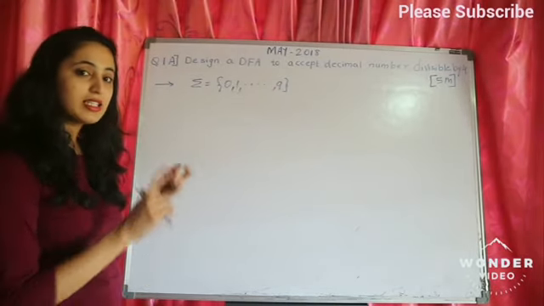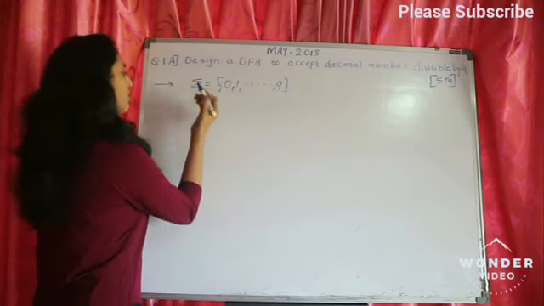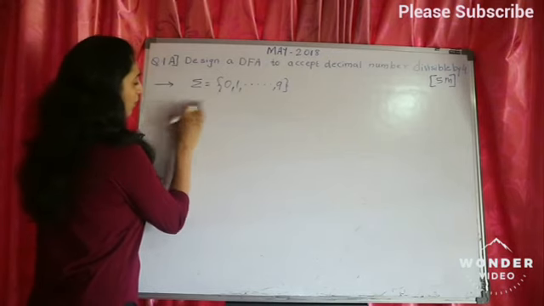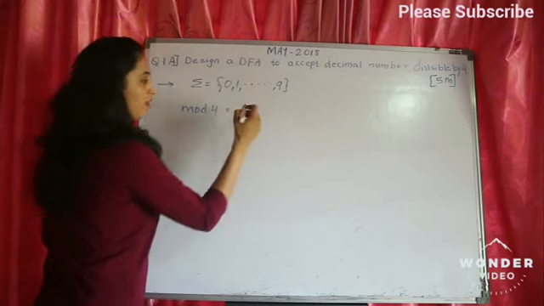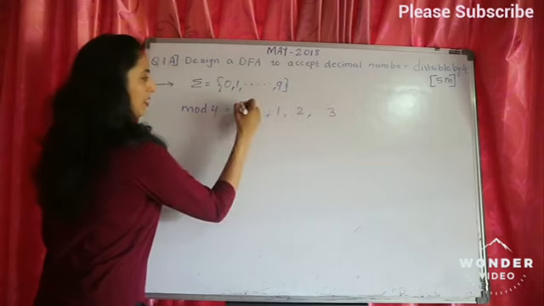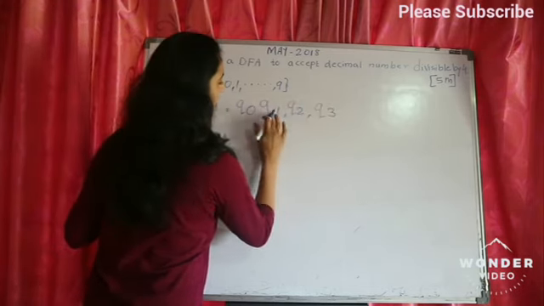The remainder will be either 0, 1, 2 or 3. So this will give us the states. If we do mod 4 to any number, what remainder are we getting? 0, 1, 2, 3. So these are nothing but the different states that we get for this particular DFA.